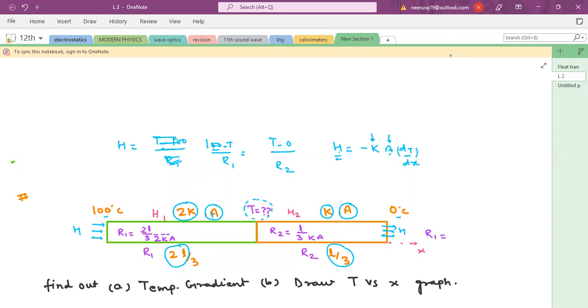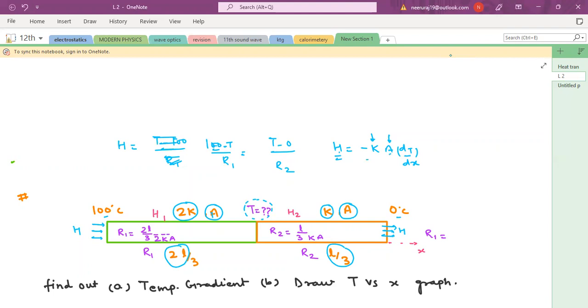So dT by dx, which is the temperature gradient, has to be different for the first rod and for the second rod. But throughout the first rod, the temperature gradient will be uniform, and throughout the second rod, the temperature gradient will be uniform, because throughout each rod the area is not changing. But the temperature gradient in both rods will be different.